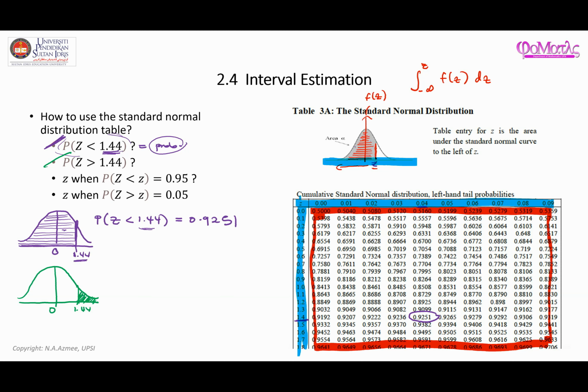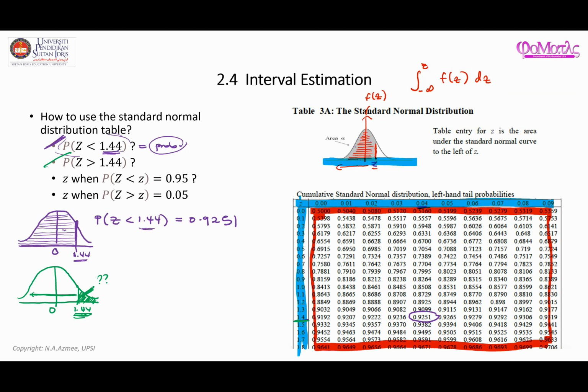If you read the result from the table, 0.9251 is the area from 1.44 to the left, but what we are looking for is the area to the right.